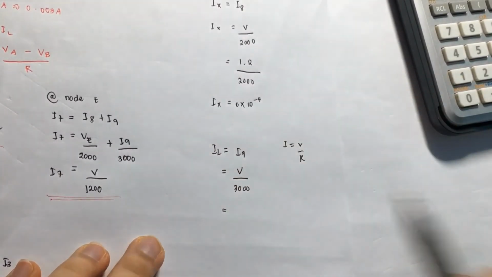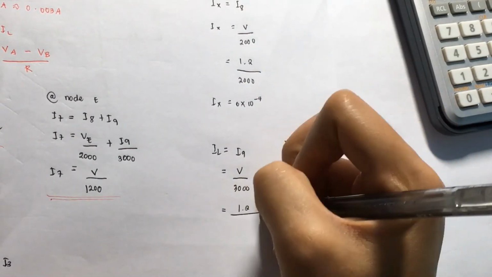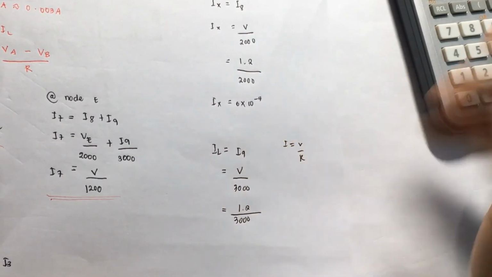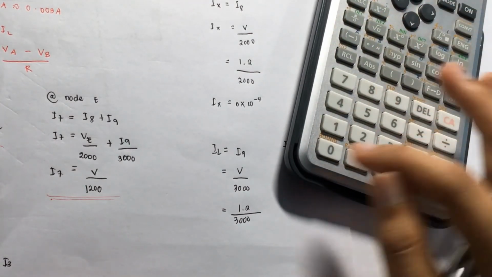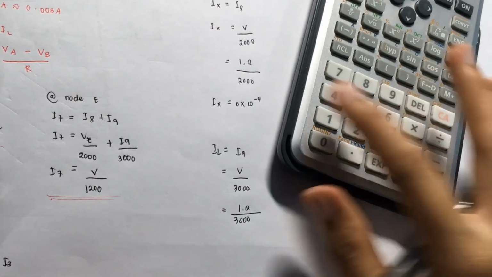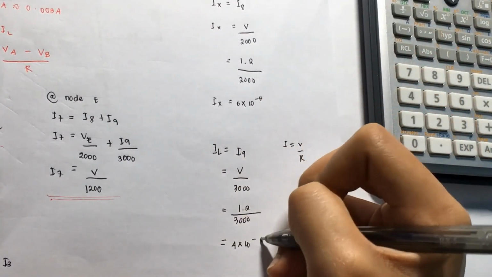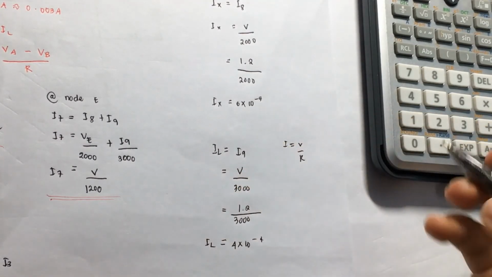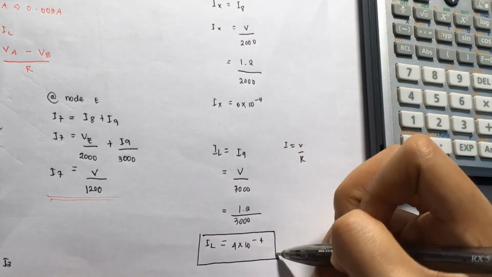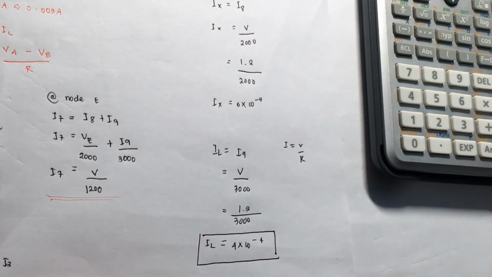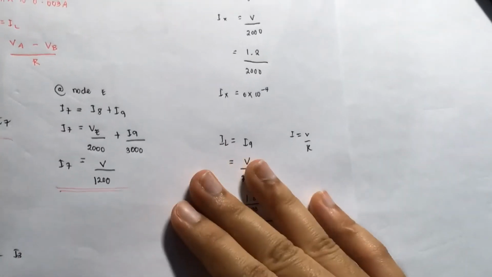And ang ato na itong voltage is 1.2. So 1.2 over 3,000 is equal to 4 times 10 to the negative 4. So ang atong IL is 4 times 10 to the power of negative 4.